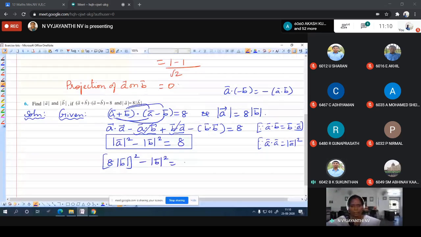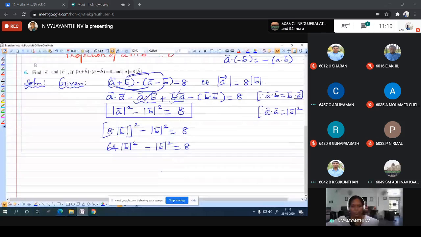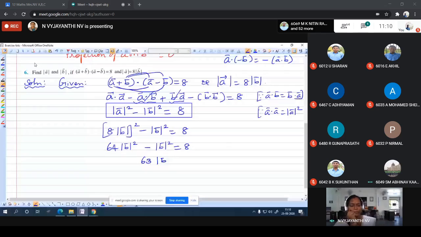So 64 into modulus of B square minus modulus of B square equal to 8. So what will you get? 63 into modulus of B square equal to 8.